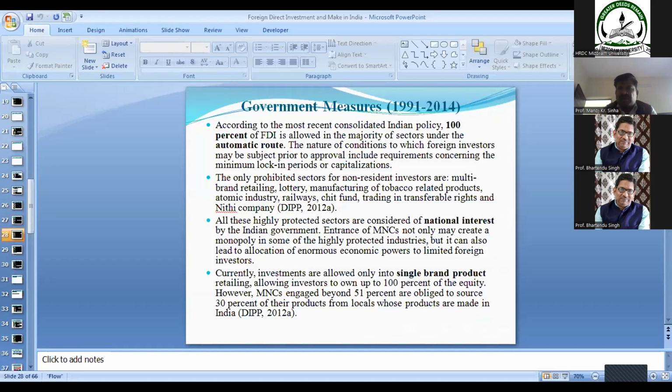Under the automatic route, the foreign investor needs to inform the government regarding the investment, and in case of the approval route, foreign investors need to take approval before investing in India. Most of the sectors are under the automatic route up to 100%.